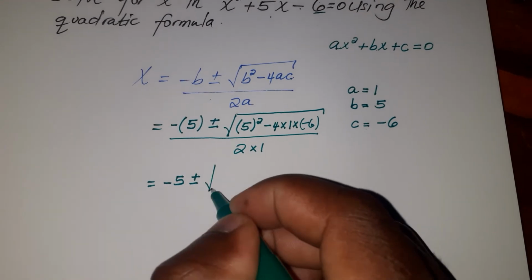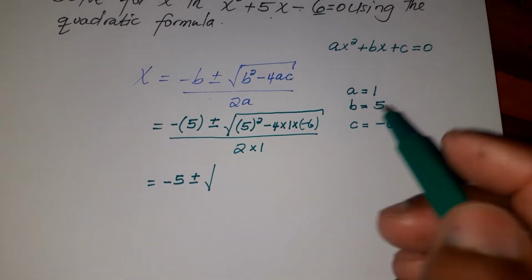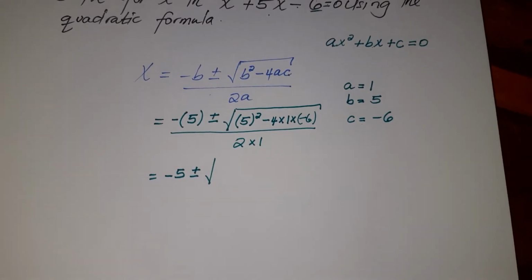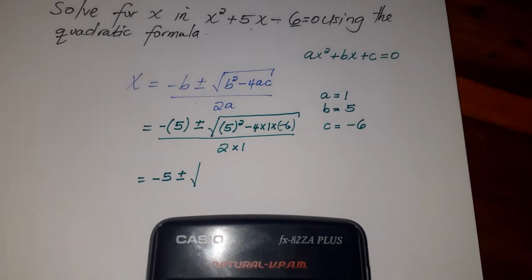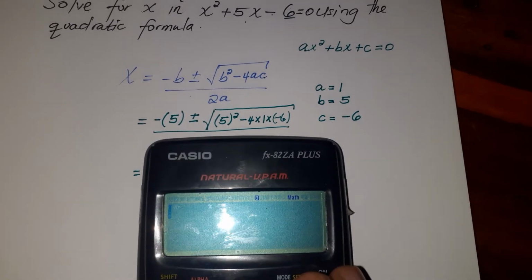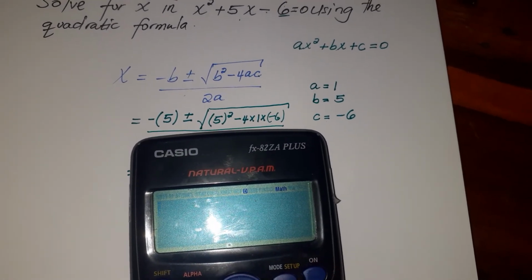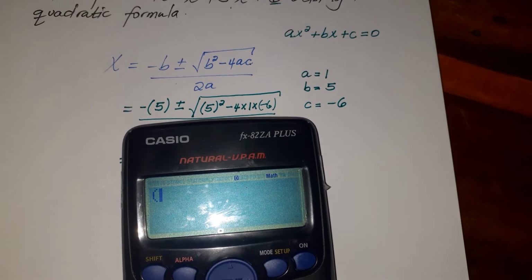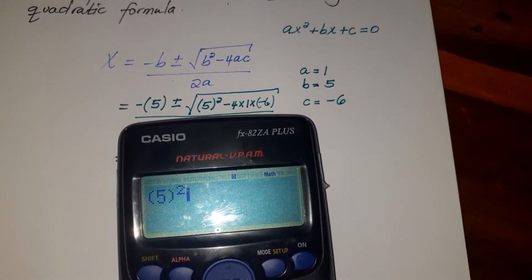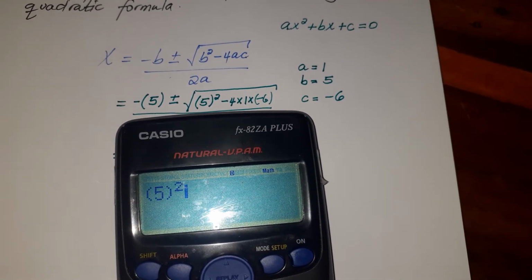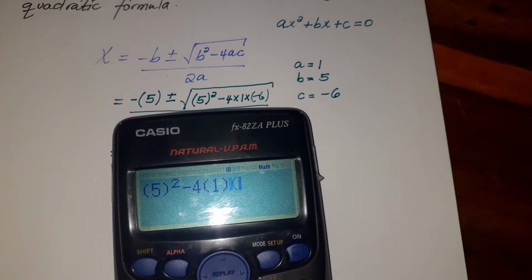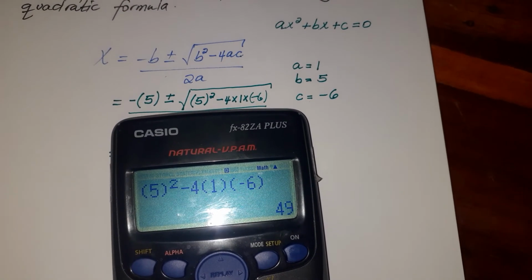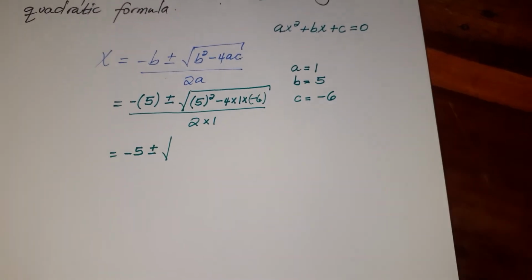Now to make it easy here, I will advise you to use a calculator. Take a calculator and work out first what is inside the square root. Now what we have inside there is 5 to the power 2 minus 4 times 1 times negative 6 equals 49.